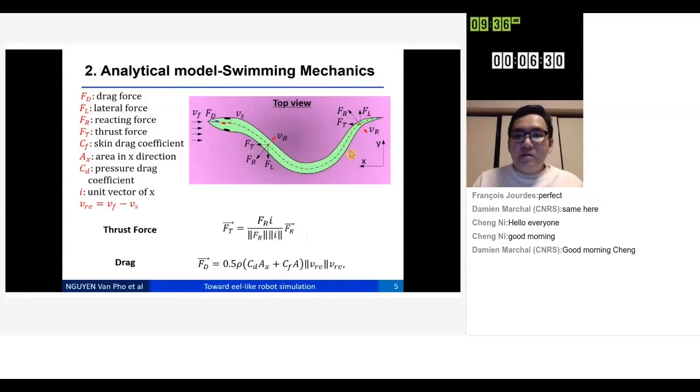The force Ft pushes the eel to move forward, and when the eel moves forward, the fluid generates the thrust force that restricts the eel movement. The thrust force is the total of the pressure and skin friction thrust force.